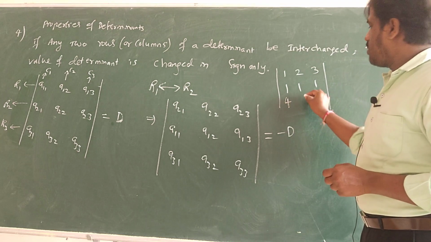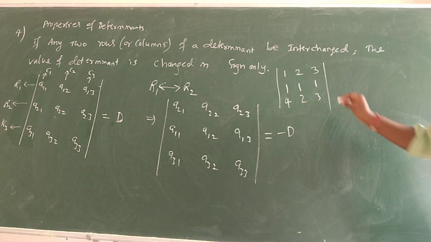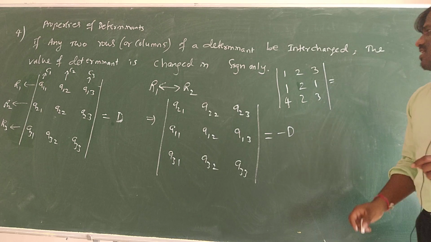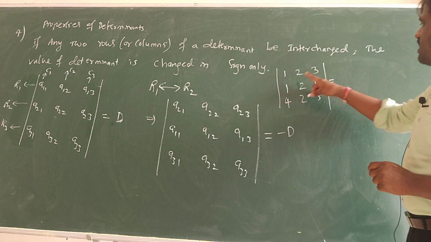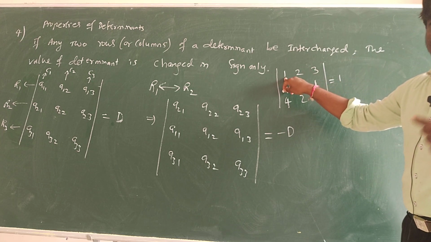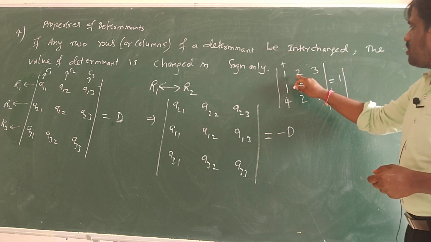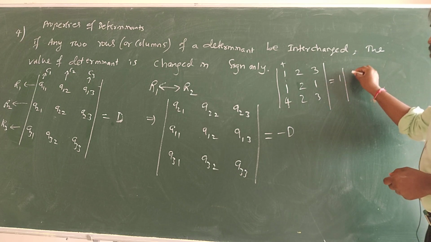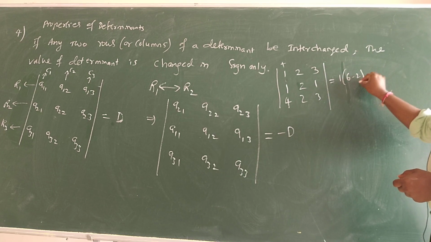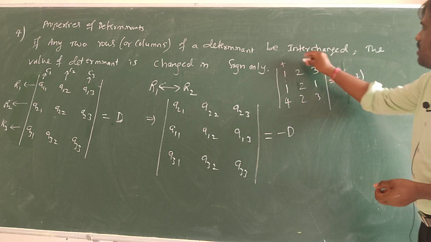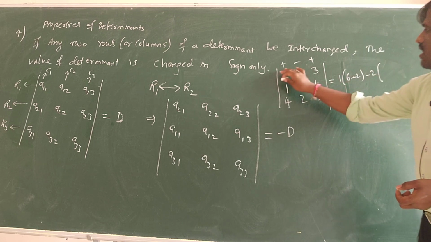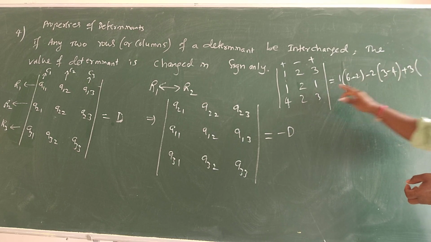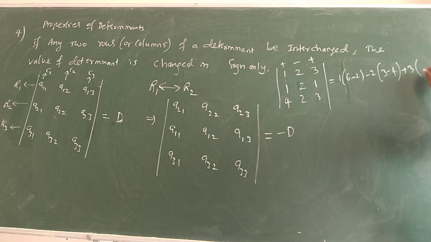Now if I find the determinant of this, expanding along the first row: 1 into (2 times 3 is 6, minus 2), minus 2 into (1 times 3 is 3, minus 4), plus 3 into (1 times 2 is 2, minus 8).